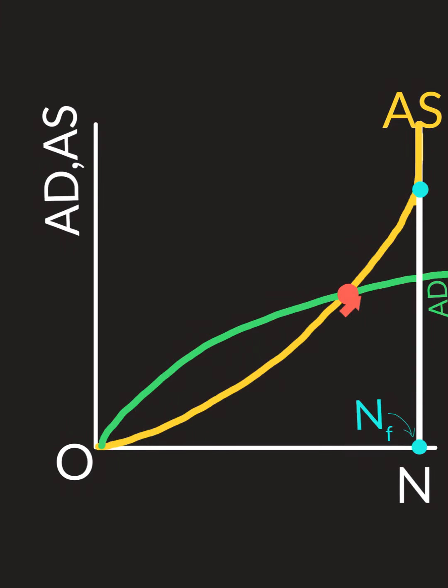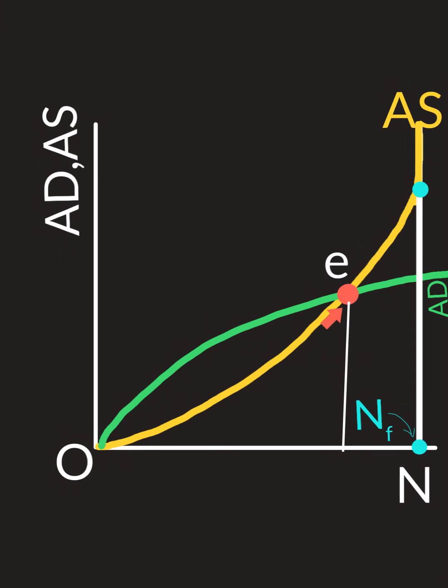This is the point of intersection, and this is E, the equilibrium point, where aggregate demand and aggregate supply are equal to each other. This is the aggregate demand and this is the aggregate supply.